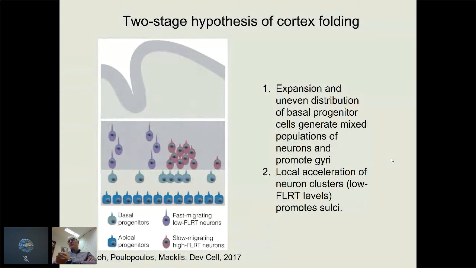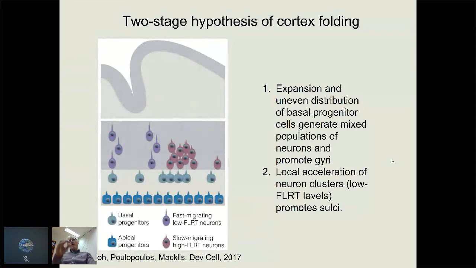First stage, you need to expand your progenitor pool to generate more neurons, and perhaps mixed populations of neurons and glia. And secondly, you need to change their migration dynamics or migration pattern. Perhaps you should see local acceleration of neuron clusters like we see in the mouse, which then would promote sulci.